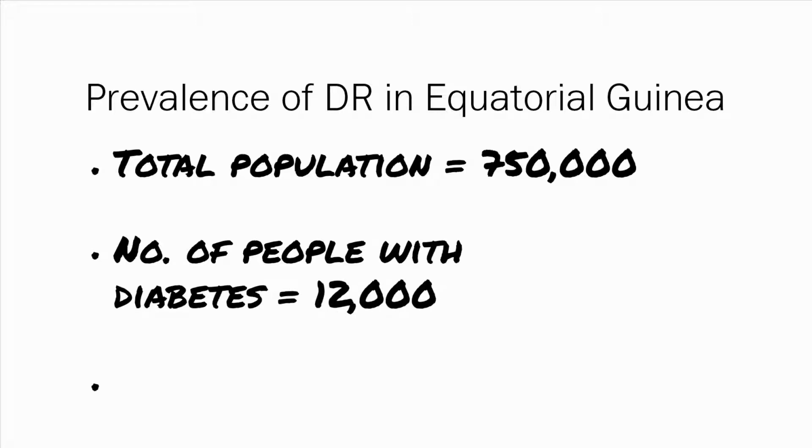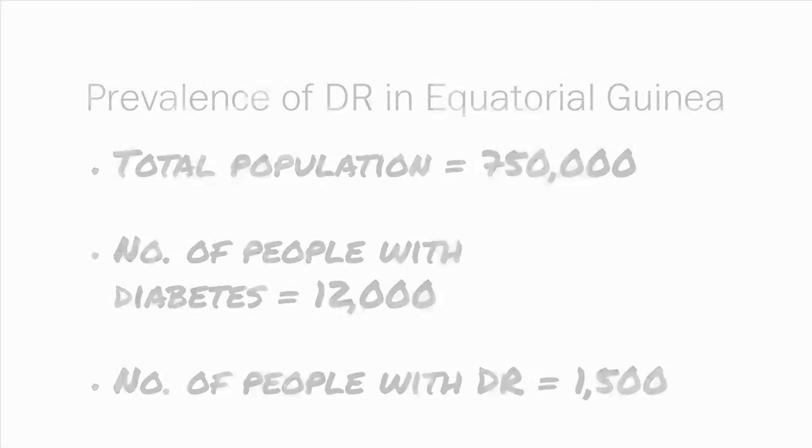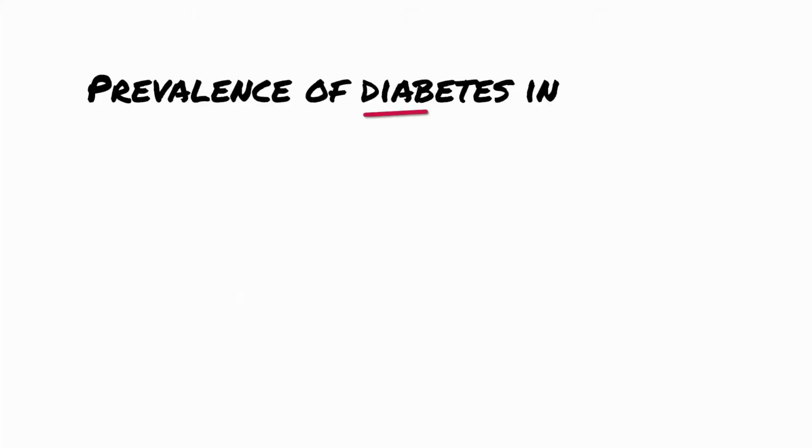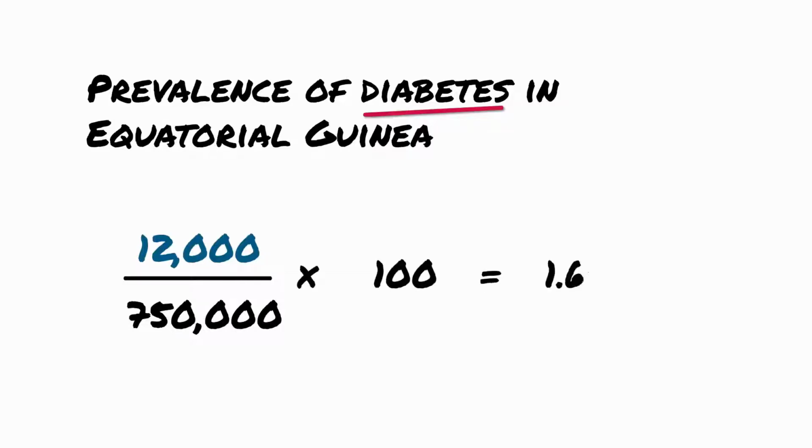And finally, the number of people with diabetic retinopathy. This is 1,500 people. To calculate the prevalence of diabetes, we divide 12,000 by 750,000 to get the proportion of the population with diabetes, and multiply by 100 to give a percentage, which is more user-friendly. This gives us a prevalence of diabetes of 1.6% in Equatorial Guinea.